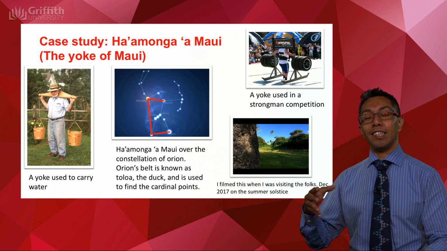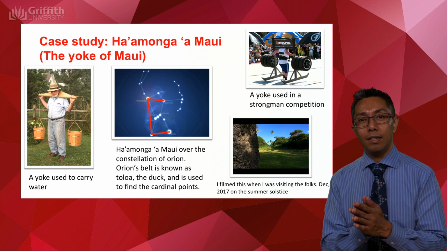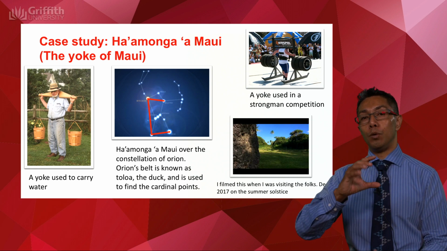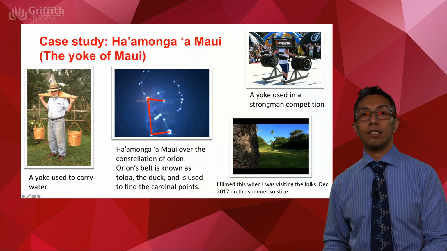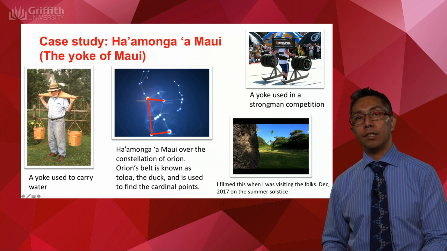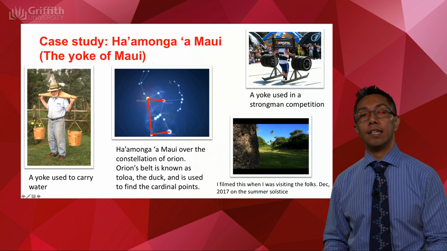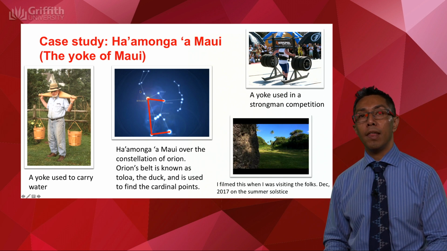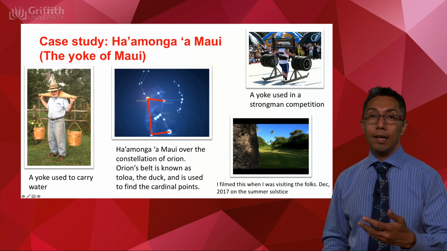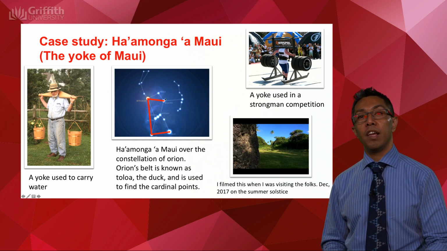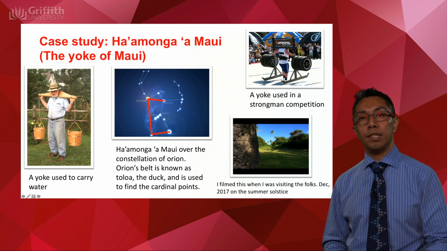Now, where it is in relation to Western constellations is it lies within the Western constellation of Orion. So in this middle graphic here, you can see the stars of Orion, the Great Hunter. There's his bow here, and he's hunting Taurus in some ancient cultures. Well, in Polynesian culture, these 4 stars here are actually the yoke part.